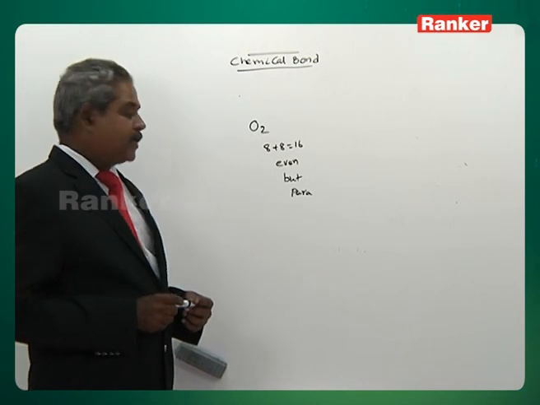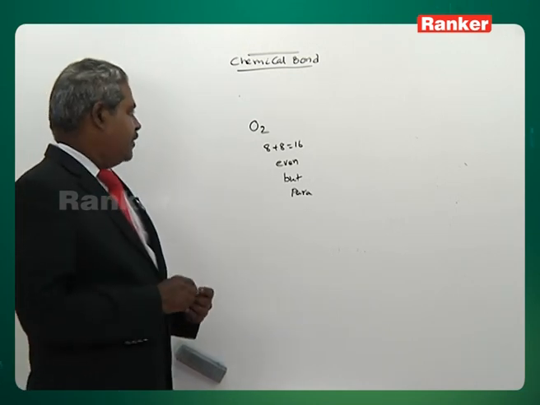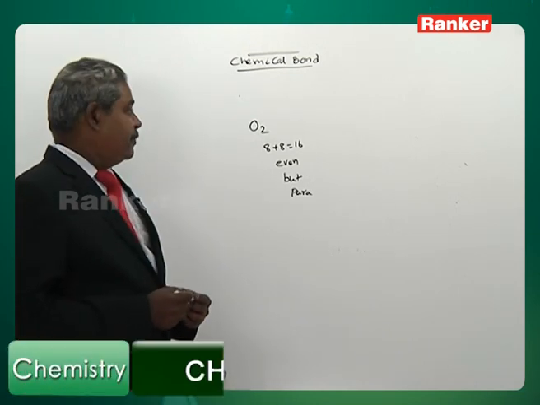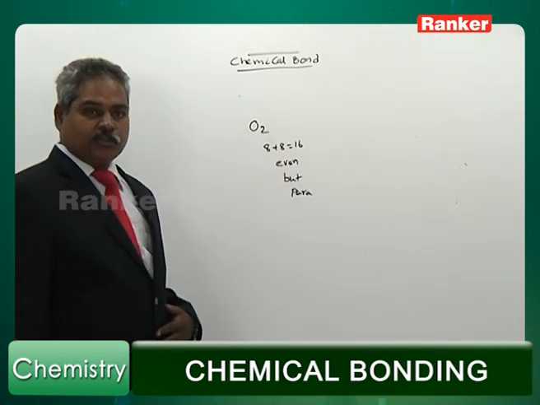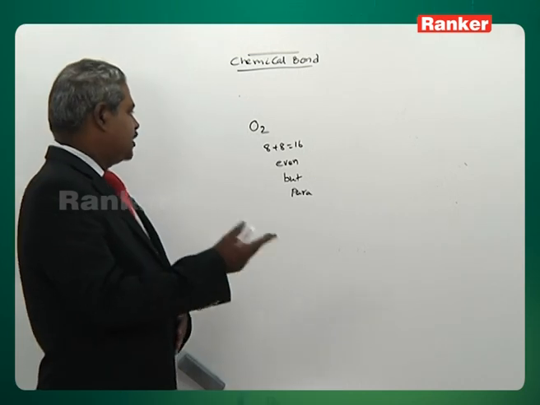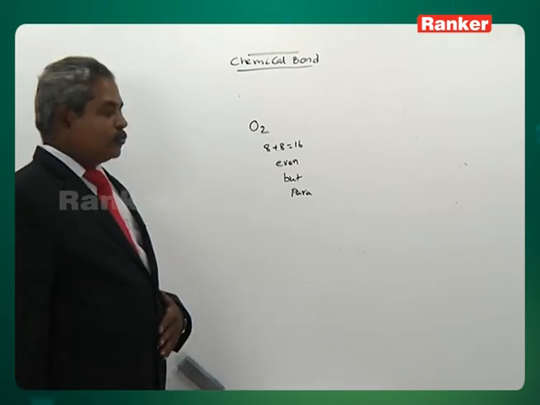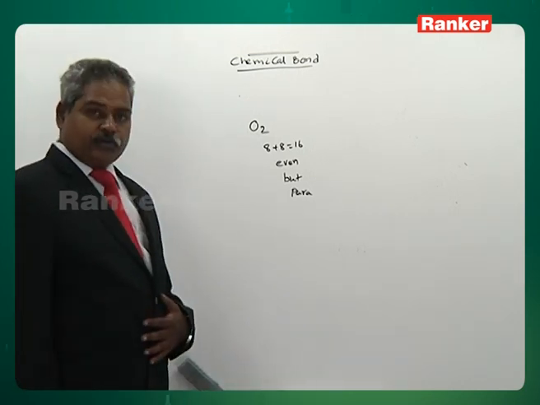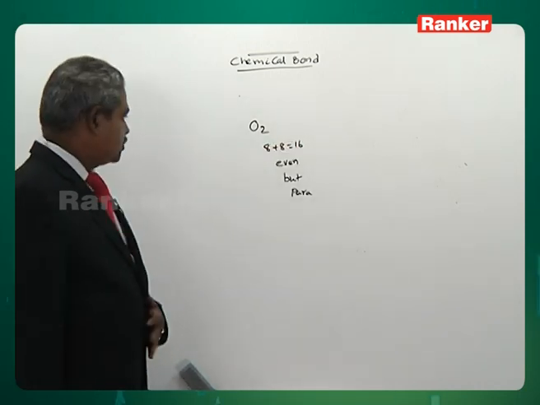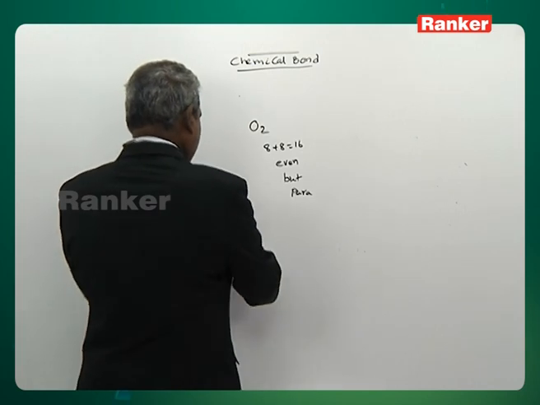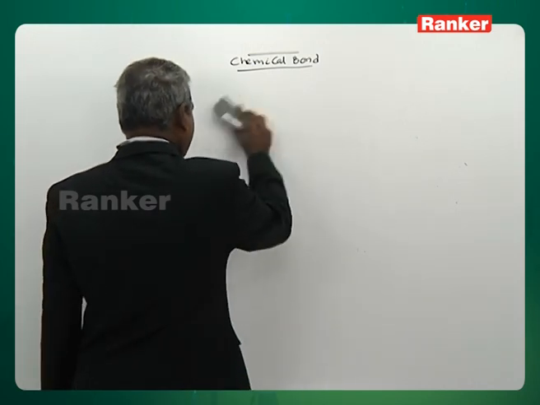They enter the pi x and pi y orbitals of equal energy, therefore they enter one after the other. So O2, N2 2 minus, once again a 16 electron system, B2 is a 10 electron system, 10, 16, even but para.